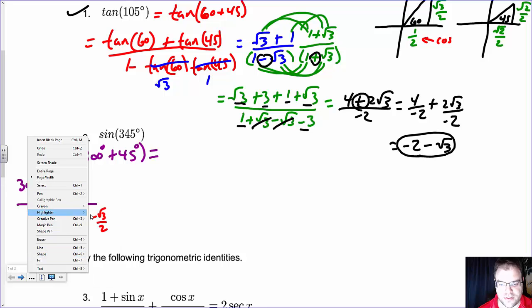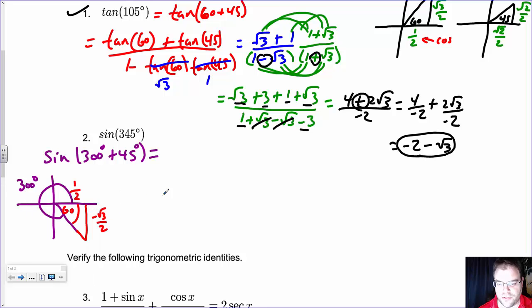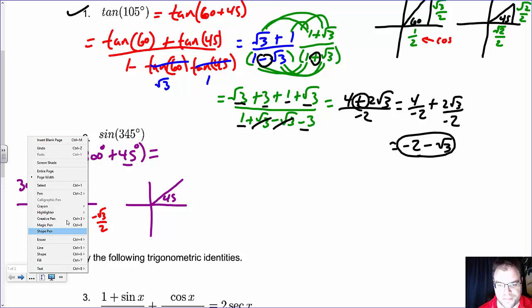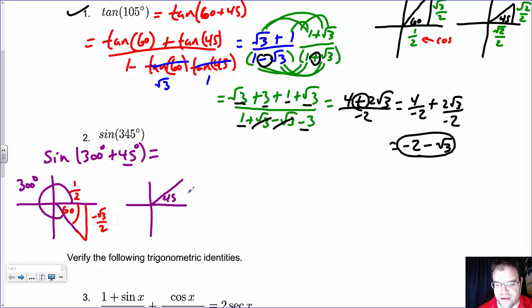All right, switch back to colors that rhyme with purple. And I'll say, okay, let's try the 45-degree angle. It's about right here. Then I will evaluate the sides of this right triangle. This is going to be root 2 over 2 again, and root 2 over 2. Again, it's exactly the same as the one we had up here.